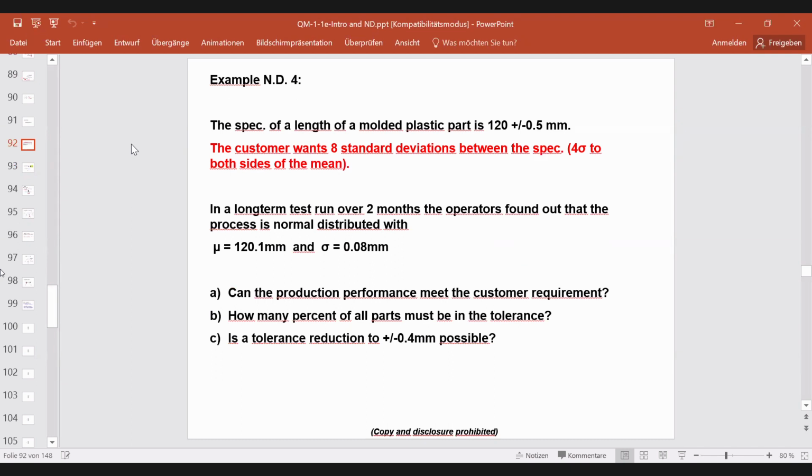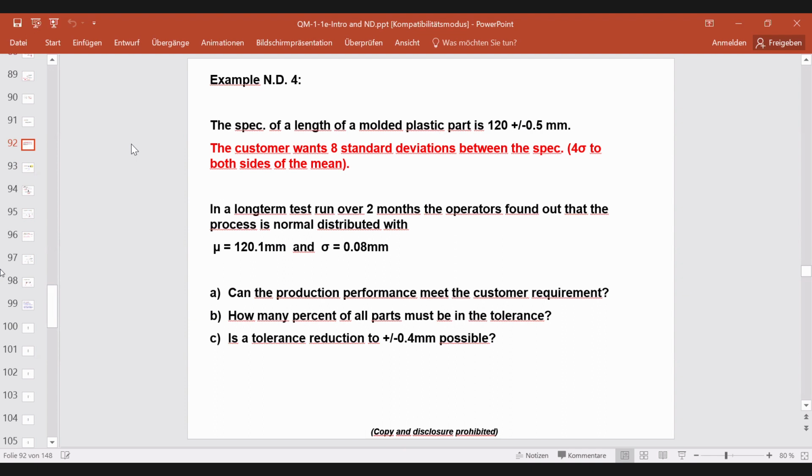Fourth question regarding these tables. This is the last example here in this context regarding these tables. The specification of a length of a molded plastic part is 120 millimeters plus minus 0.5 millimeters.